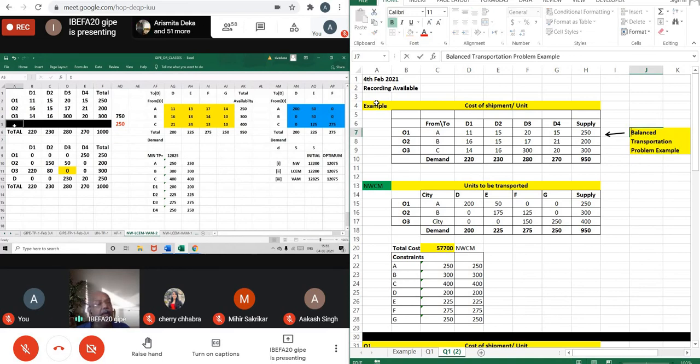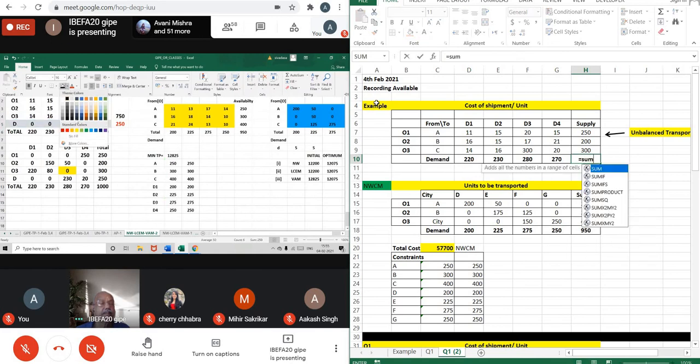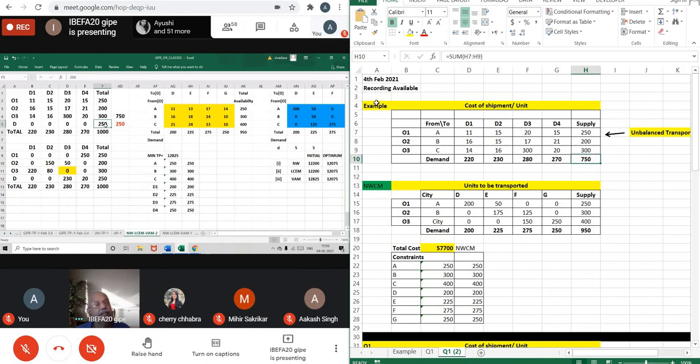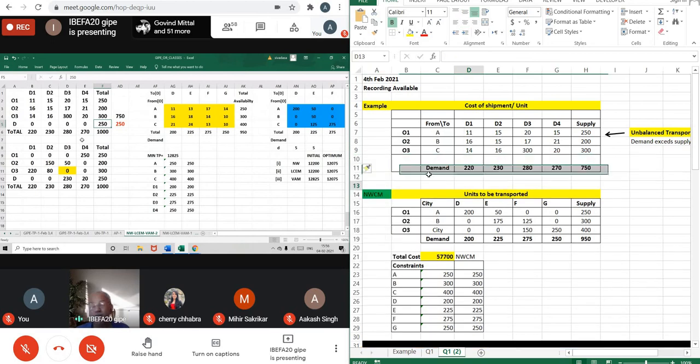I introduced that as dummy. That means it is not existing. So, because it is not existing, there is no cost of shipment. Hence, it is balanced. So, what does it mean?